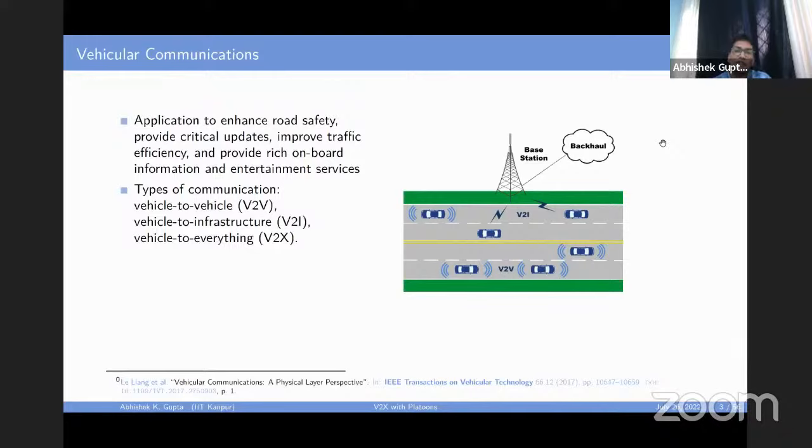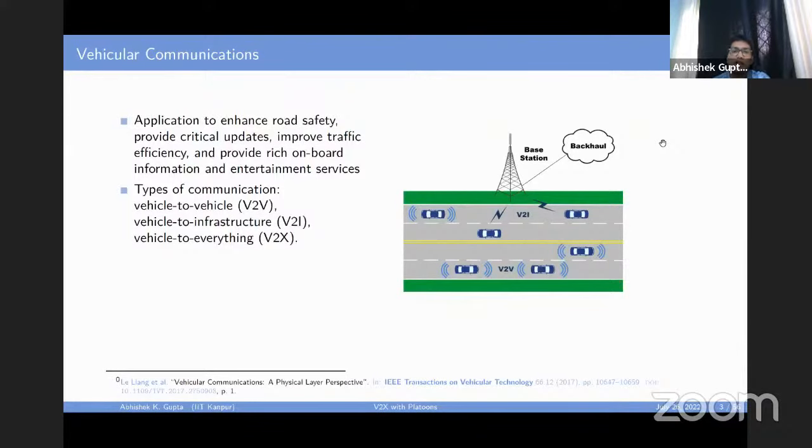So, in general, it is very much possible to have these kinds of communication capabilities in vehicles nowadays. And because of their potential, both industry and academia are interested in understanding vehicle communication more. There have also been some standards that we talk about in vehicular communication.